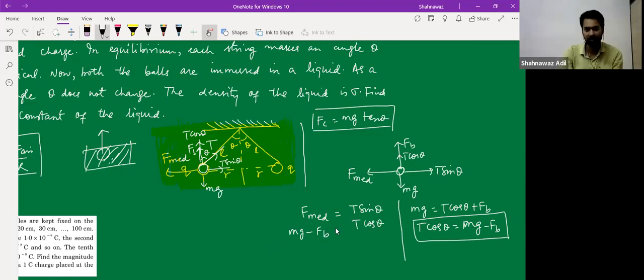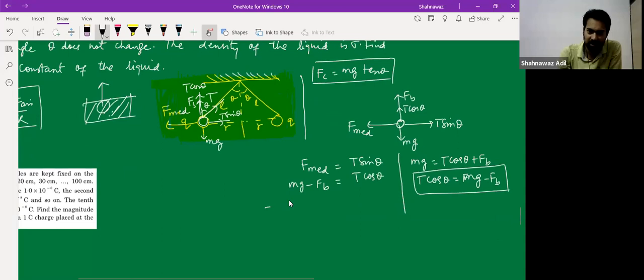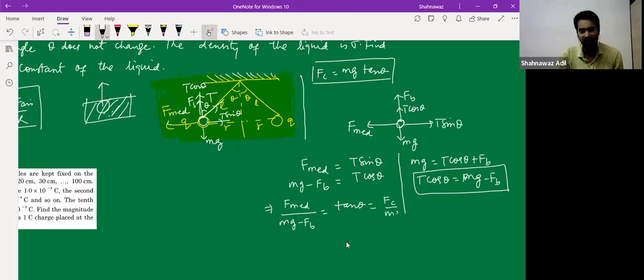Now let us divide that. So this would give us F medium by mg minus Fb is tan theta. And we know what is tan theta. So tan theta is Fc by mg. And we also know what is F medium. So F medium is Fc by k, and we have to find this k.